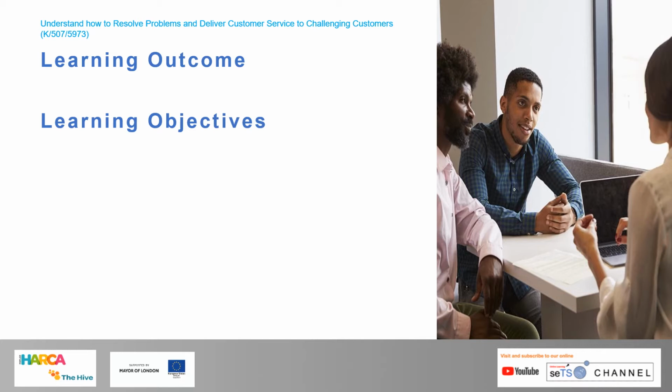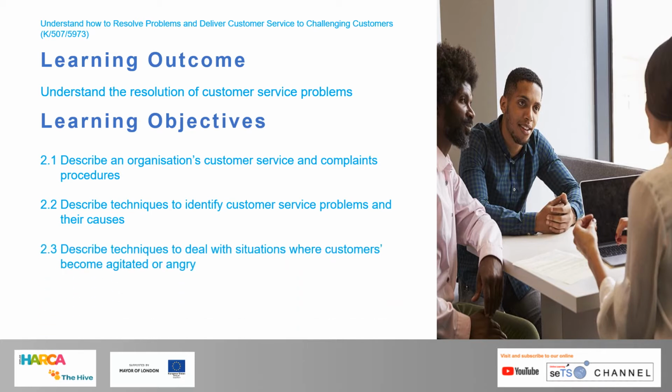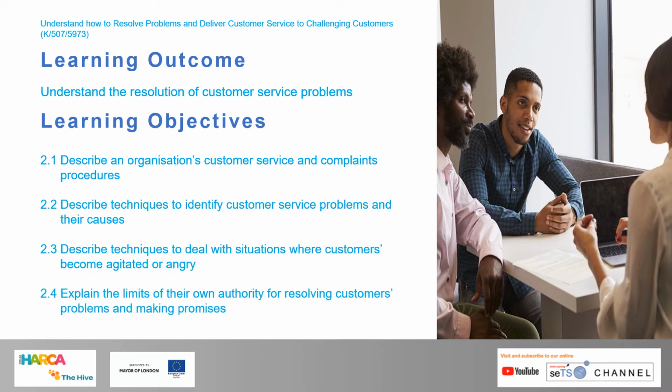In this section, we will look at understanding the resolution of customer service problems. By the end of this section, you will be able to describe an organisation's customer service and complaints procedures, describe techniques to identify customer service problems and their causes, describe techniques to deal with situations where customers become agitated or angry, and explain the limits of their own authority for resolving customers' problems and making promises.